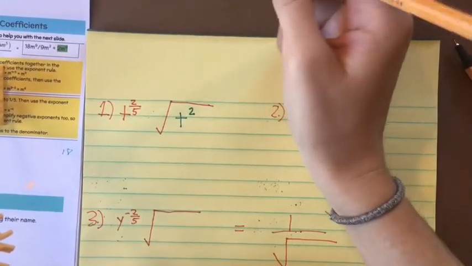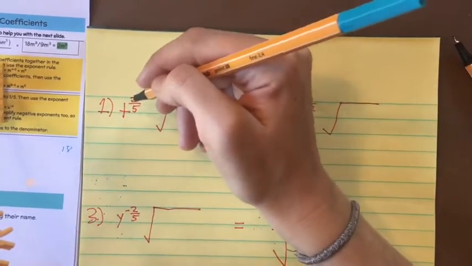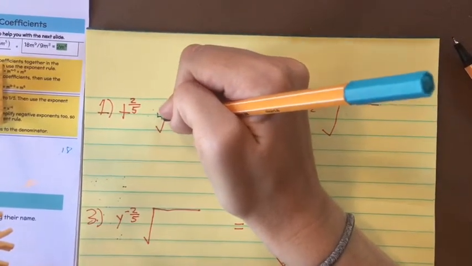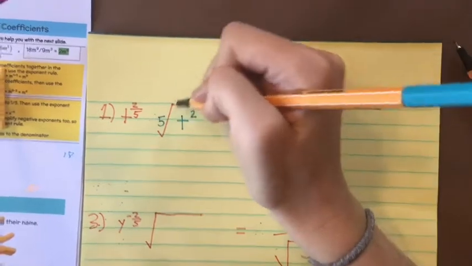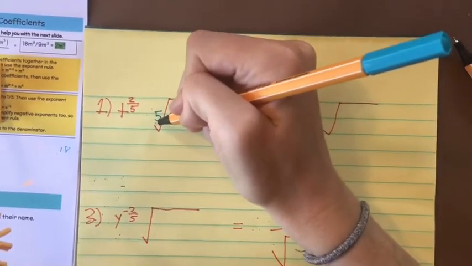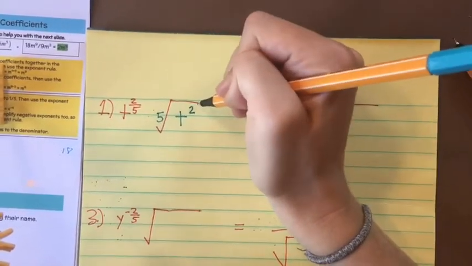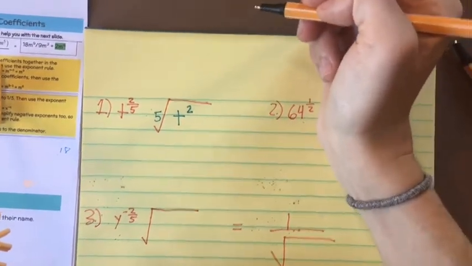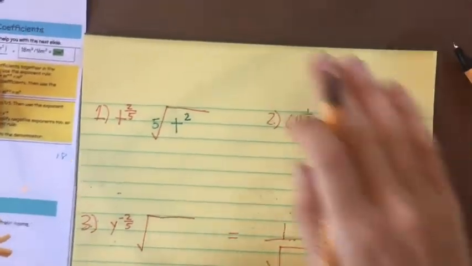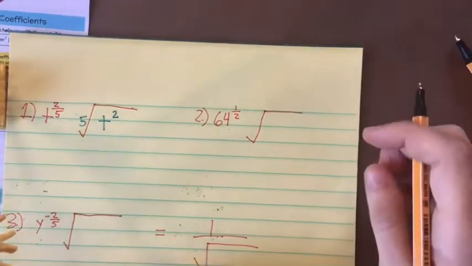Then when we have this 5 here, instead of saying it's the square root, we're going to say it's the 5th root of t to the second power, okay?